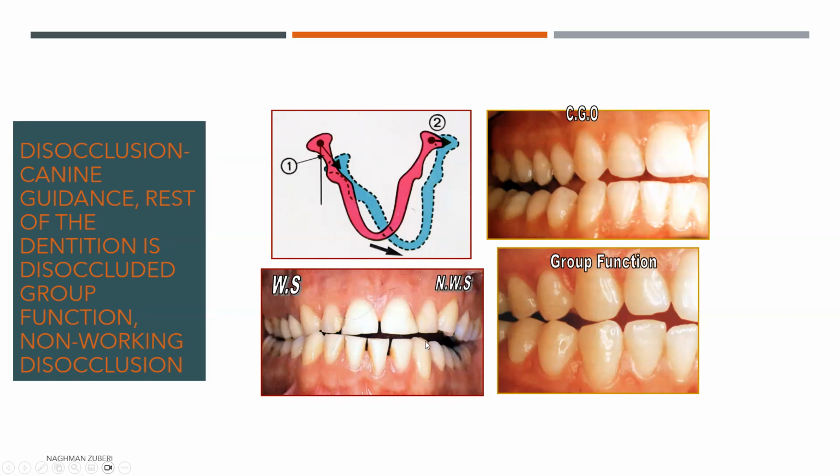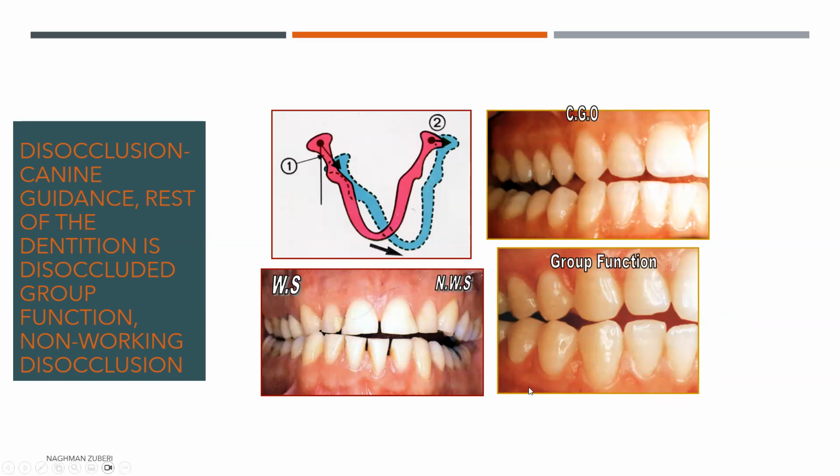And there are two possibilities, as I have already mentioned: canine guidance or group function. Canine guidance means that on the working side, the upper and lower canines come in contact and the rest of the dentition is out of occlusion. Whereas in group function, the canine as well as all the posterior teeth on the working side are in contact, and all other teeth, including the non-working side teeth, are out of occlusion.